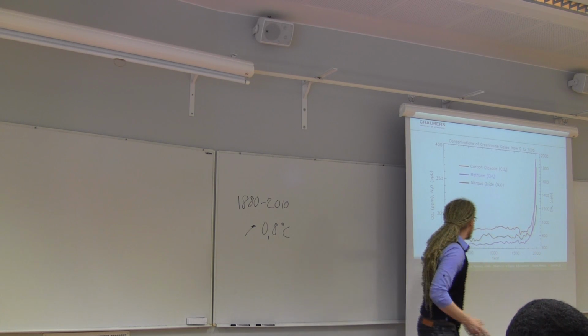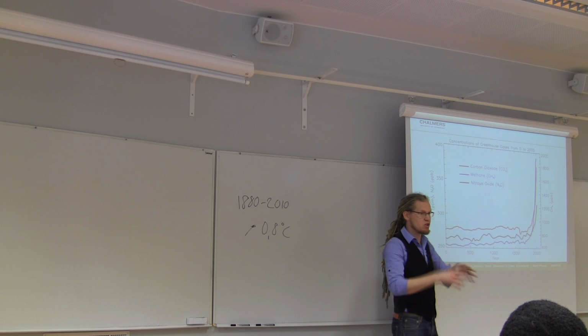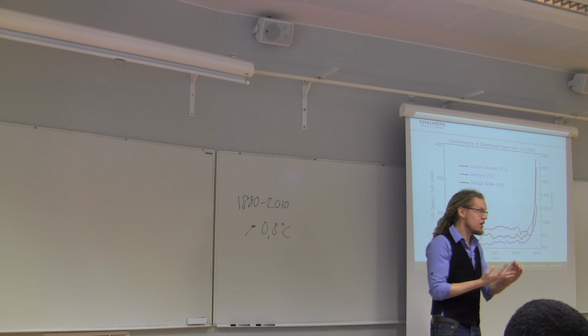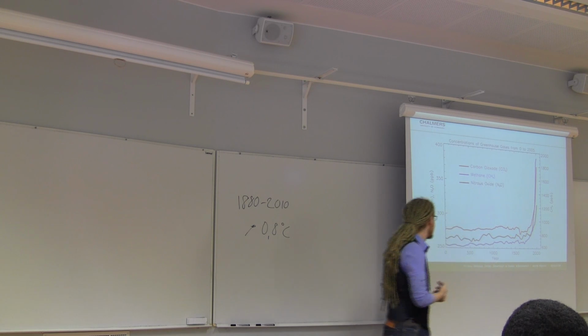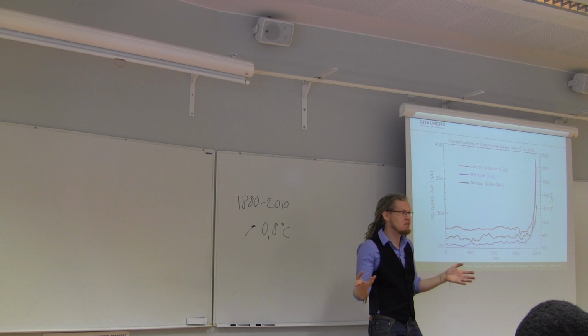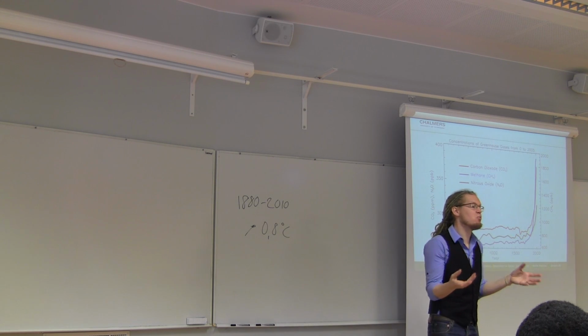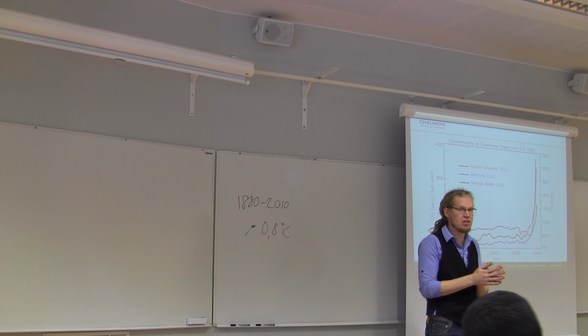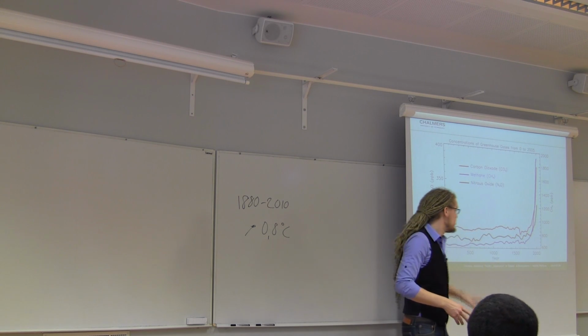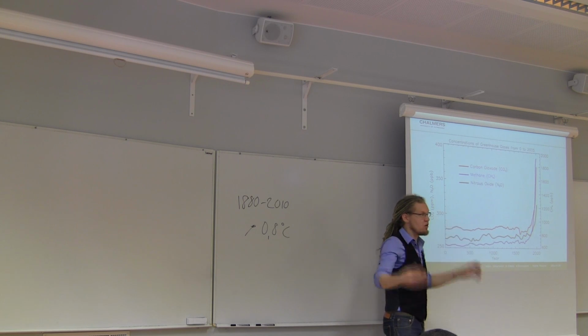If you compare with some of the more short-lived pollutants like sulfur dioxide or other nitrous oxides, which have a lifetime in the atmosphere of maybe days and weeks, those are not well mixed. They will differ from one town to another, or from one country to another, and so on. But these greenhouse gases are fairly the same over the whole globe.